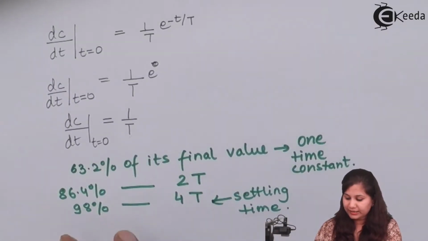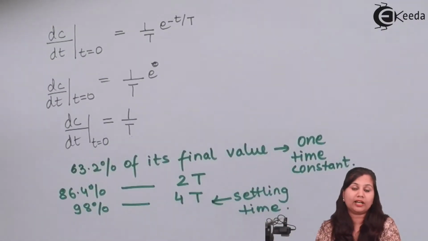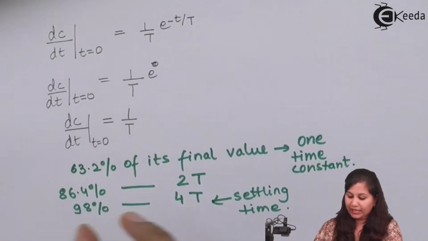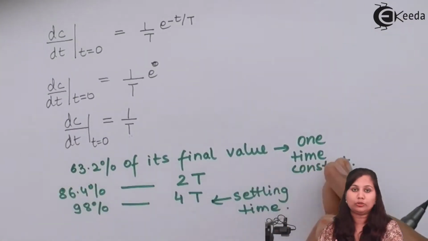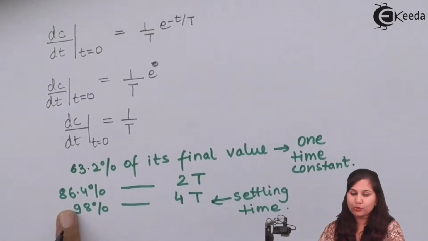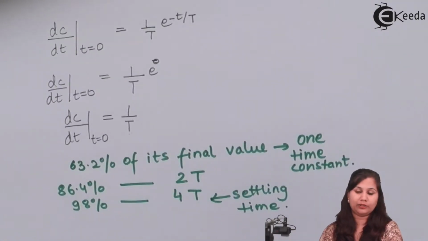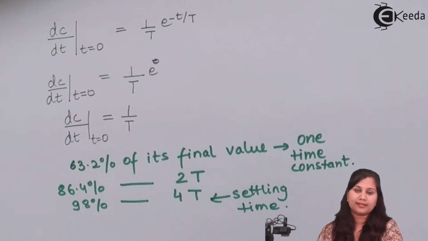So you can see that the time constant plays a very important role in finding out how fast the system is reaching its steady state value or final value. If it has reached 63.2%, that is 1 time constant; if 86.4%, 2 time constants; and if 98% of its final value, 4 time constants, and that time required is called the settling time of the system.